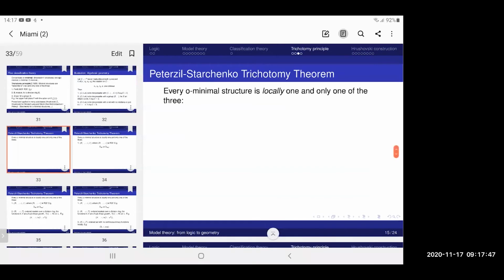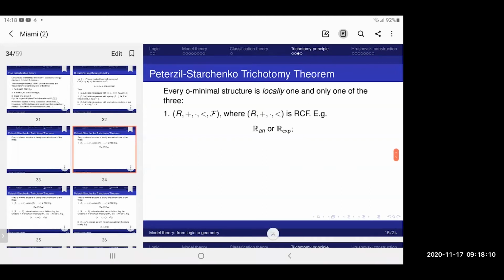Right. So now let's talk about the Peterzil-Starchenko trichotomy theorem. This one is much more complicated, I mean in formulation, and this is a kind of final classification result.